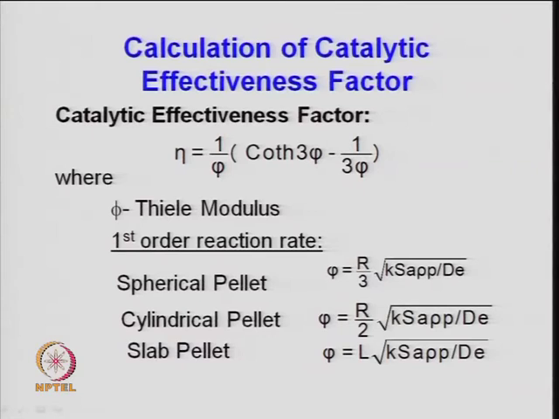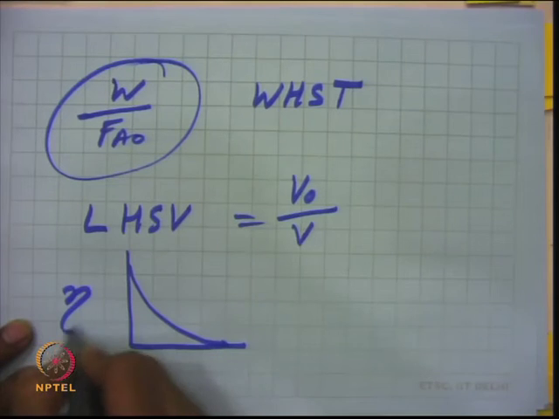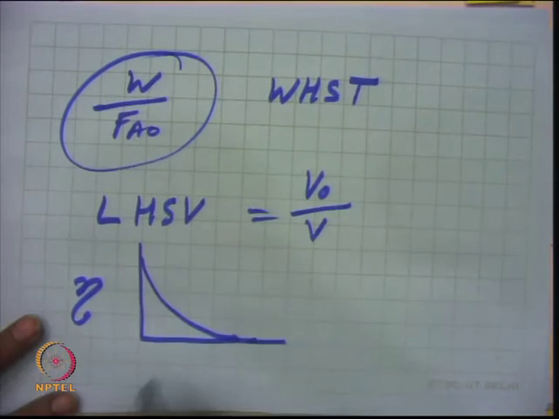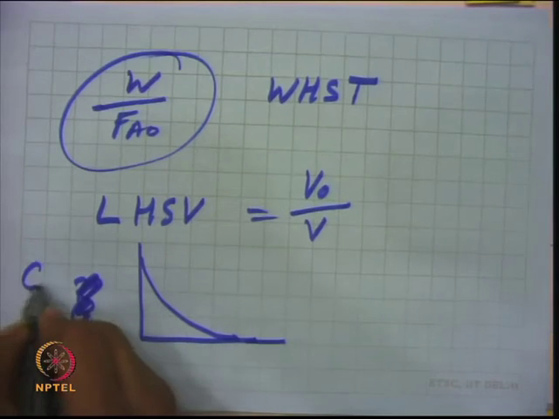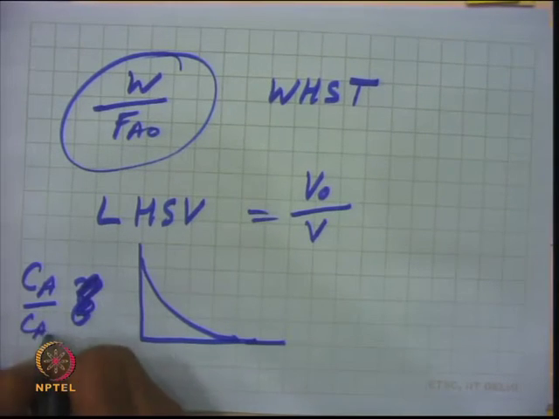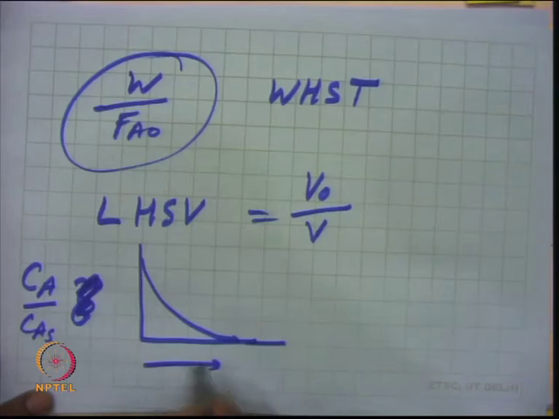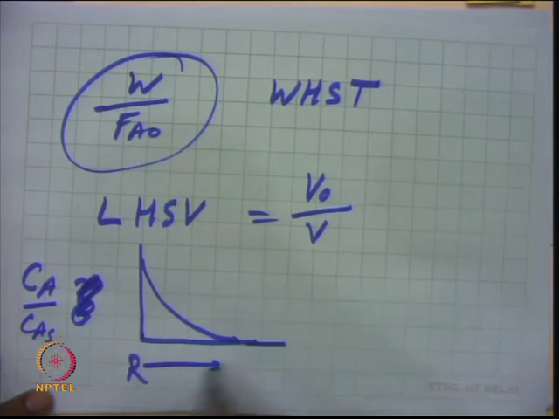When we look at the pore diffusion resistance, we would like to have maximum concentration, because the effectiveness factor will decrease the concentration to some value like this if eta is very high. Rather than writing eta, I will write Ca by Cas, and this is your distance r from 0, which is the center.